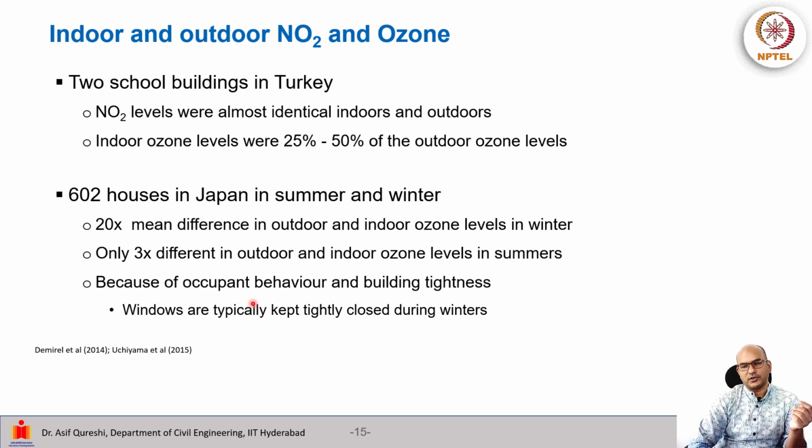And this was basically also because of building tightness and occupant behavior, and I think both go hand in hand, because in summers a person will open the door or window, and in winters the person will close the window. So there is less chance in winter of ozone coming in and higher chance during summers.